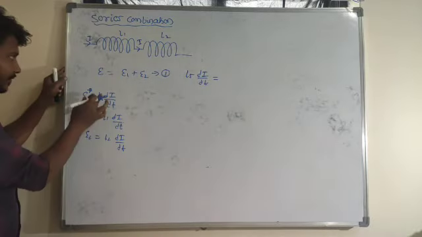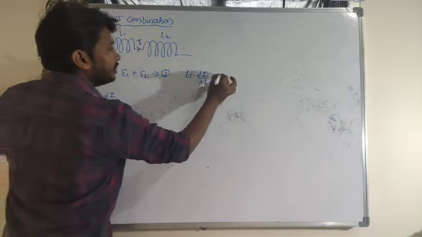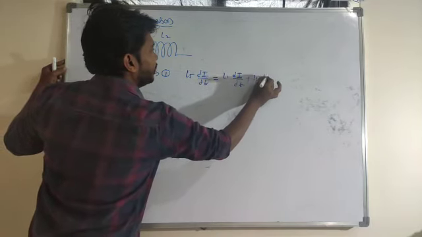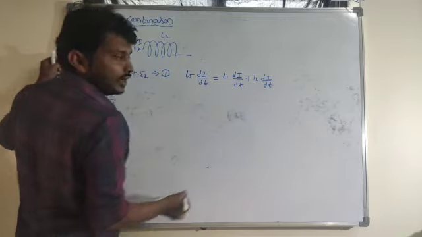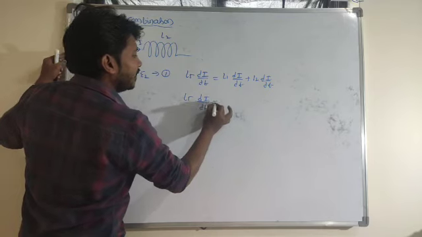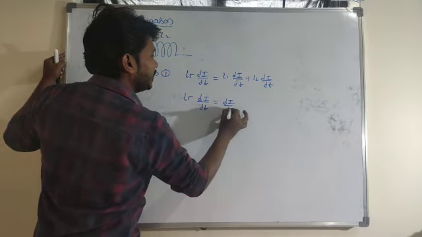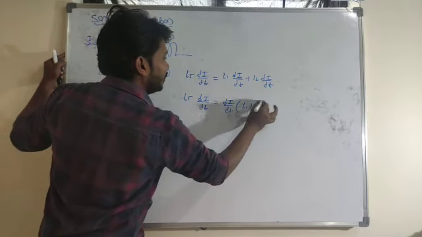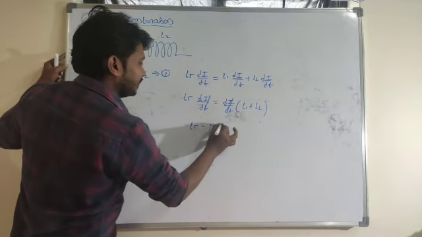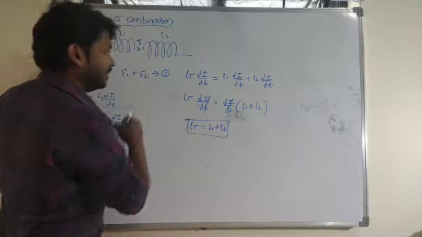It is equal to E1, which is L1 into di by dt, plus L2 into di by dt here. So L of S into di by dt is equal to di by dt, if I take that common, L1 plus L2. So L of S is equal to L1 plus L2 here.